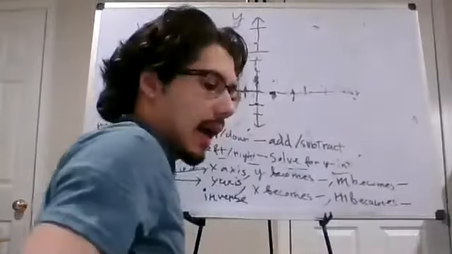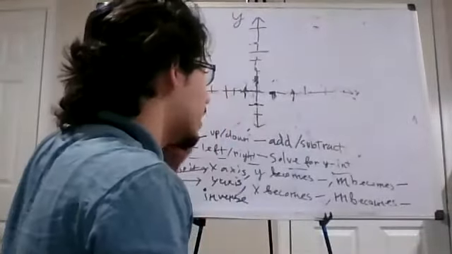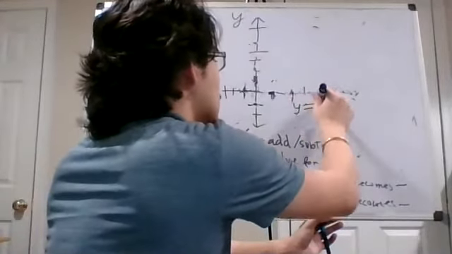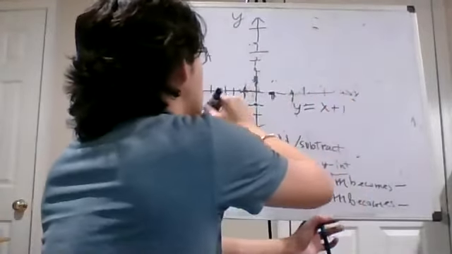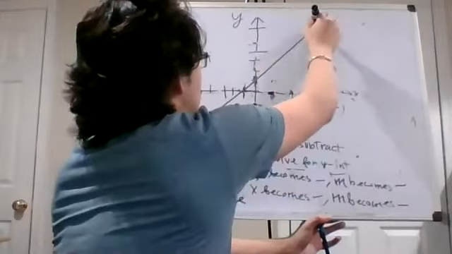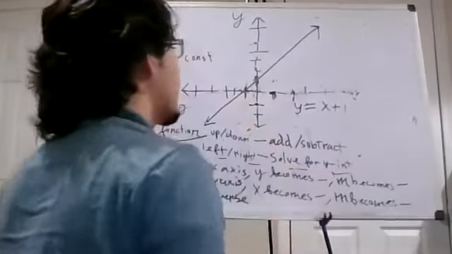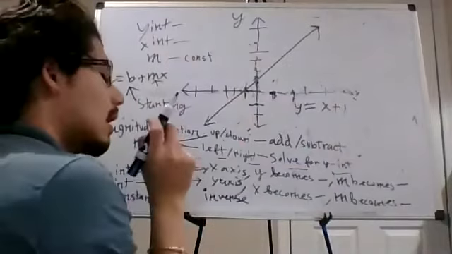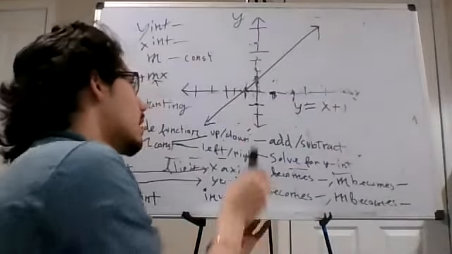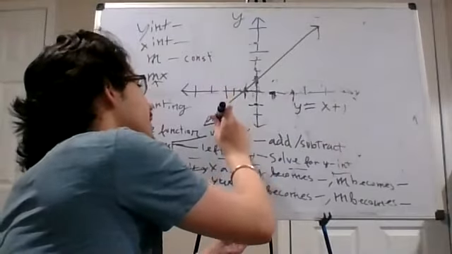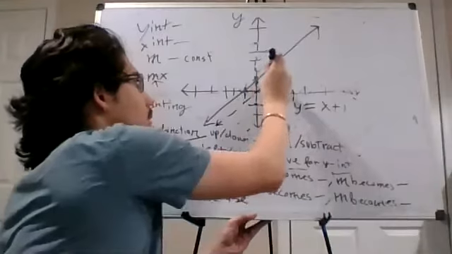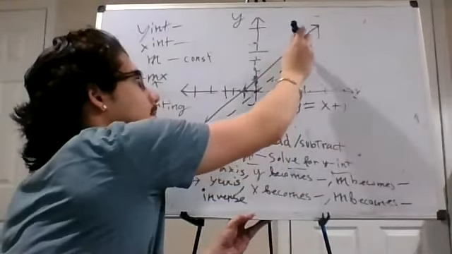Let's go back to our regular equation of y equals x plus 1. Clean up a bit. When we inverse a function, we are technically flipping it over y equals x.